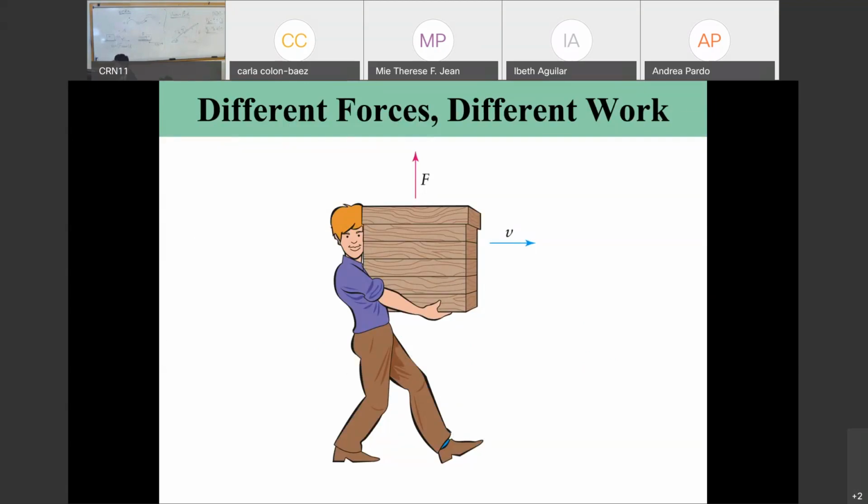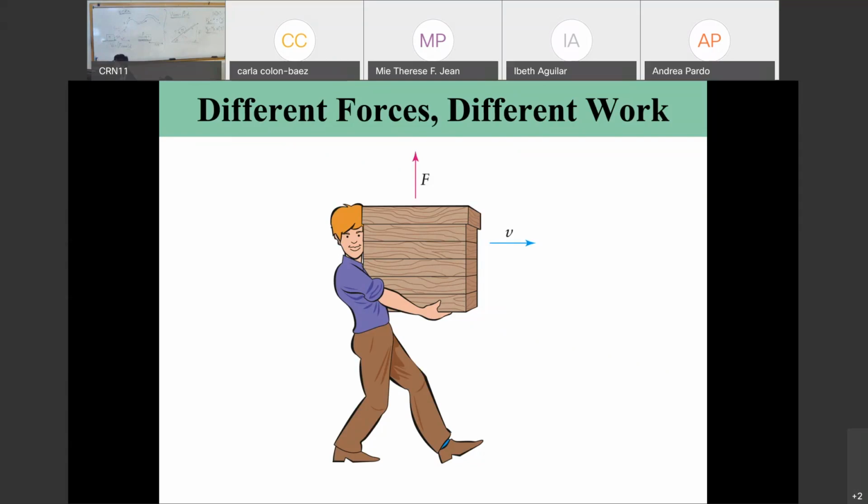You lift your bag, you are doing work, because you're doing work against gravity, or the weight of the bag is what you are carrying, that's the force you are exerting. Once you put it in your bag and then you start walking with it, you are not doing work, because now the system is in equilibrium with you. It's not moving anymore. It's you with the bag moving.